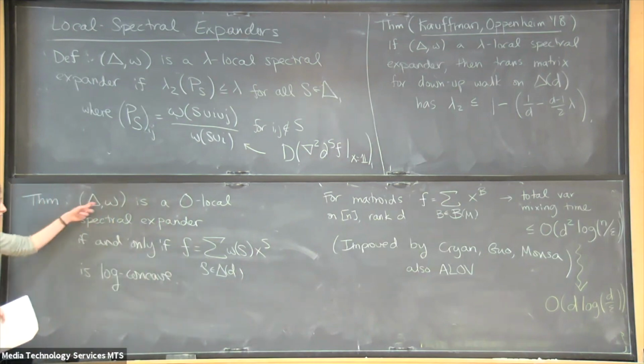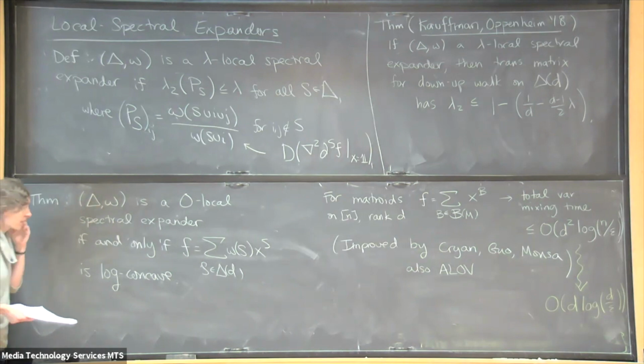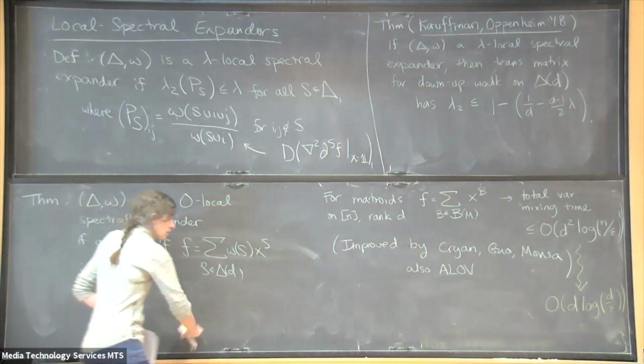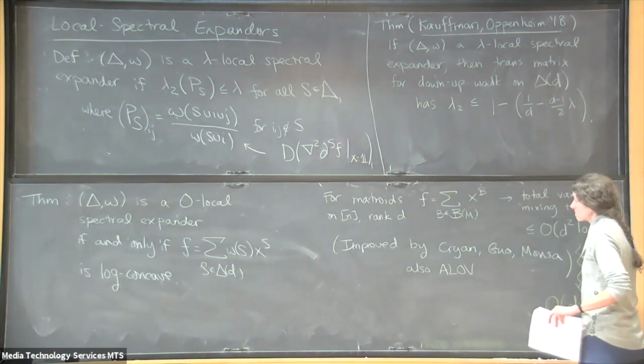And so in particular, your only hope for getting a 0 local spectral expander is to have the simplicial complex be the independence complex of a matroid.